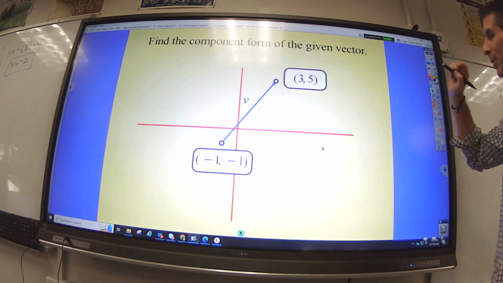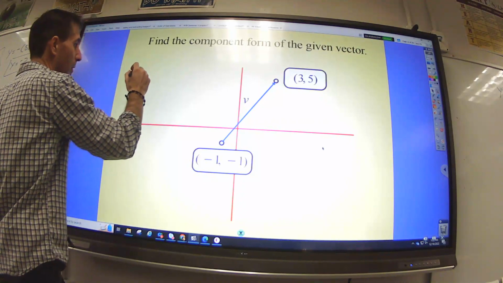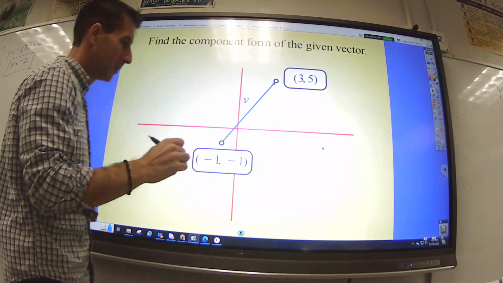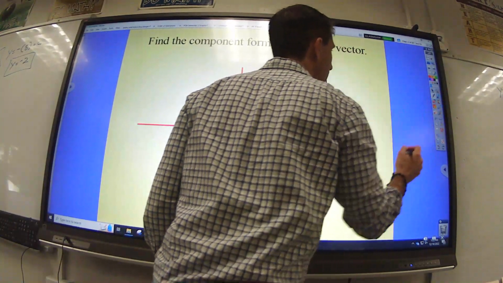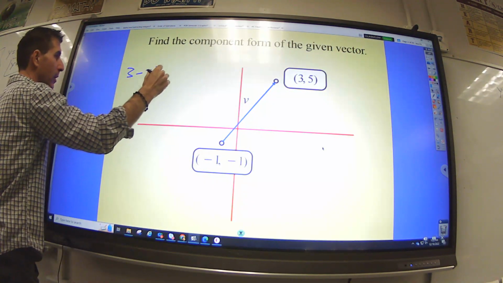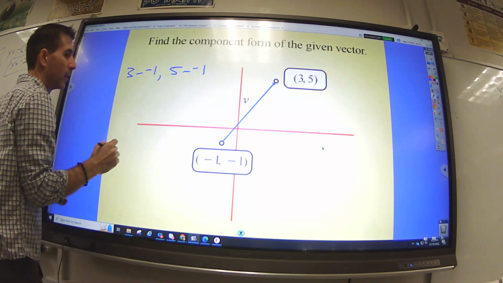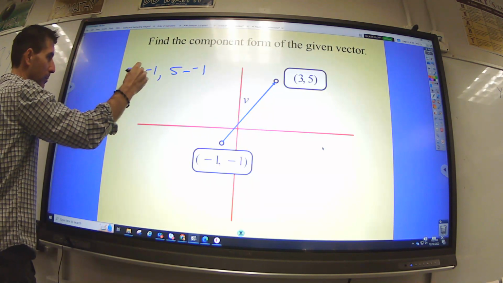Okay, so we're going to go 3 minus negative 1, comma, 5 minus negative 1, which will be positive.